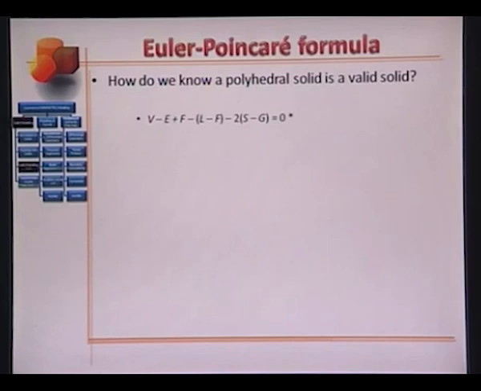I'll tell you what these alphabets mean. But first, let me say here that this relation is an extension of the Euler characteristic given by V minus E plus F.